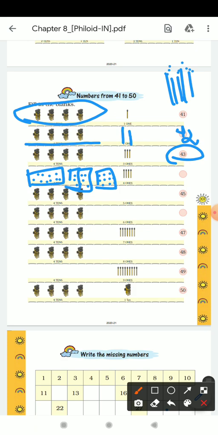It also looks like matchsticks. Okay, so in this way you have to do all the lines.